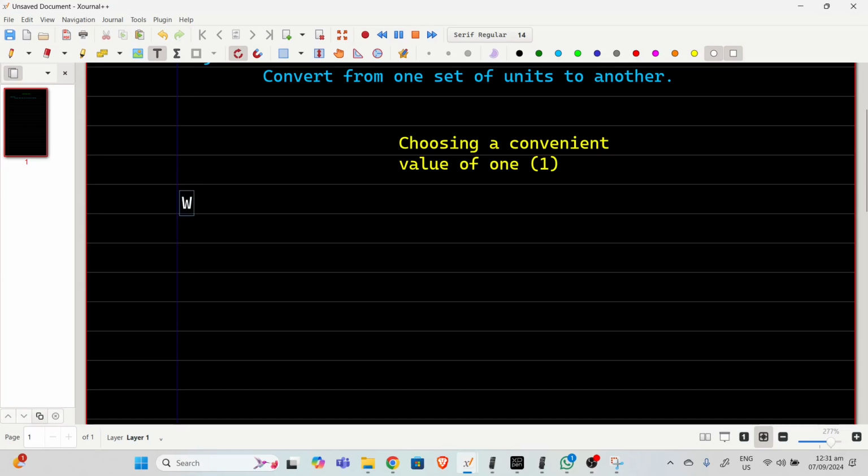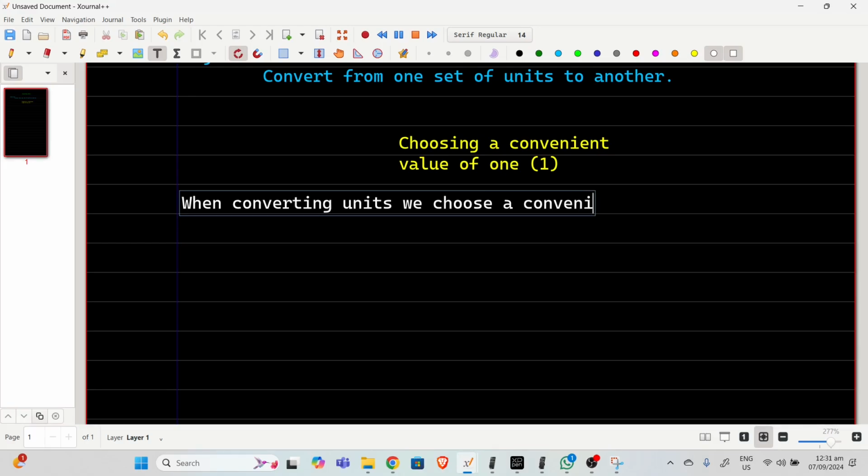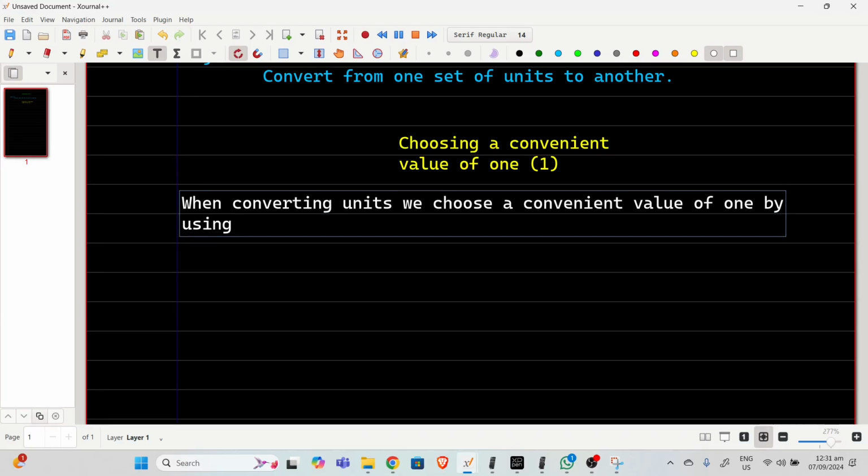So when converting units, we choose a convenient value of 1 by using conversion factors.